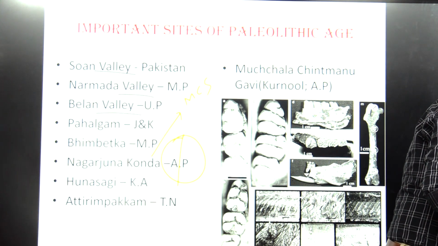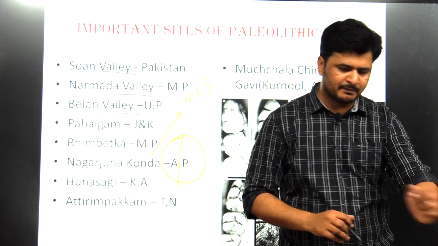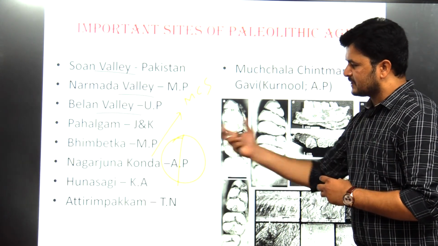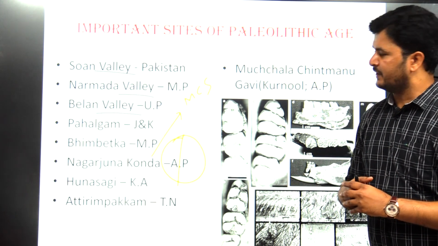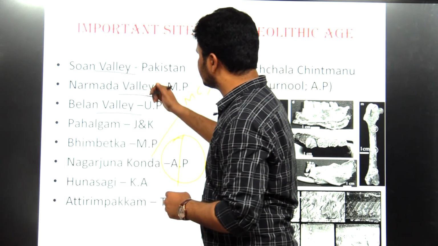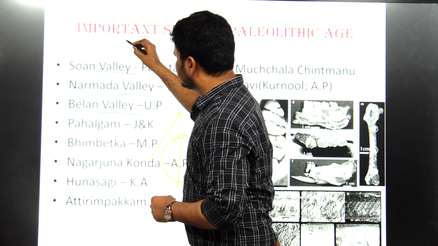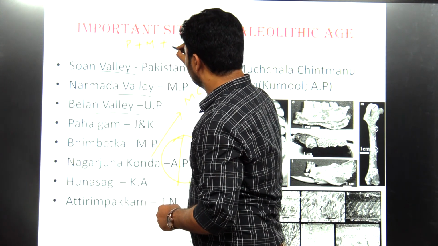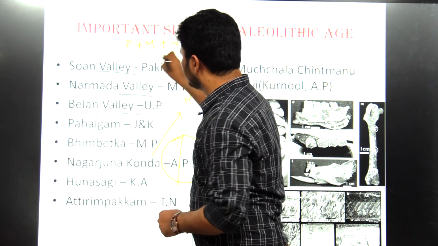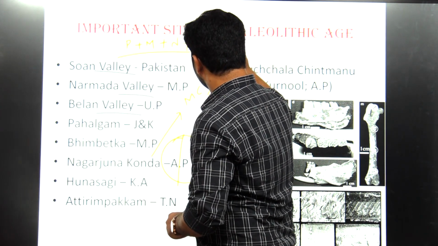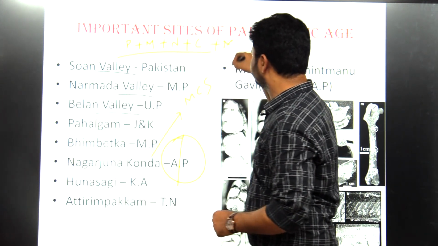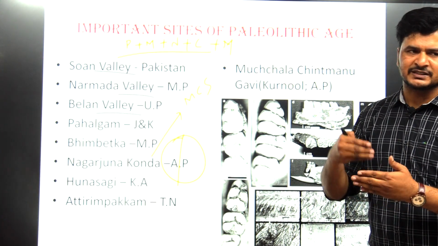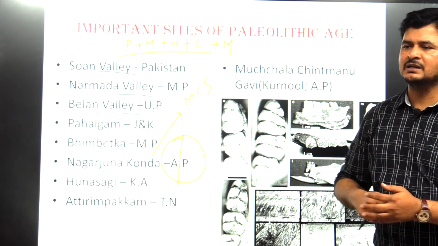If someone asks a question, what does it mean by multicultural site? The best example is Nagarjuna Konda. When I say Nagarjuna Konda is a multicultural site, it's a site of Paleo, Meso, Neo, and Chalco. Forget about Chalco, even Megalithic, which is a settlement of various cultures.